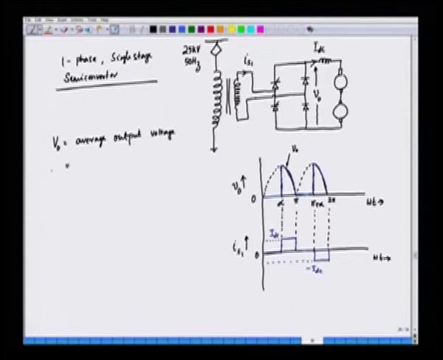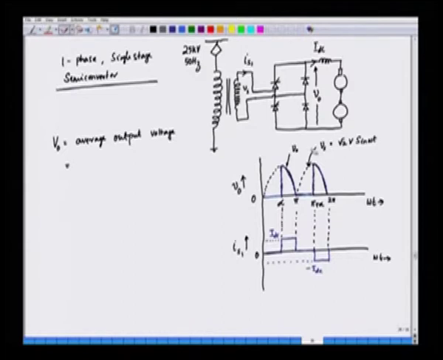that is equal to, if this is the source voltage Vs, that is here the source voltage, and we can say that is equal to root 2 V sin omega t. In fact, this is the minus of that.